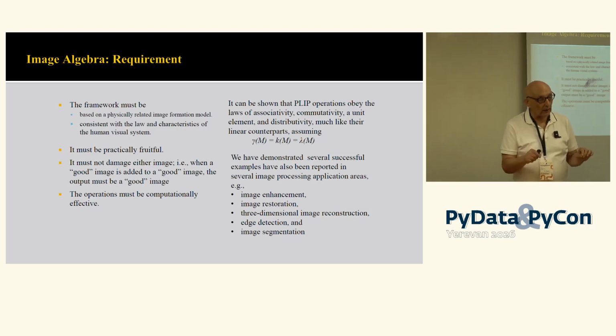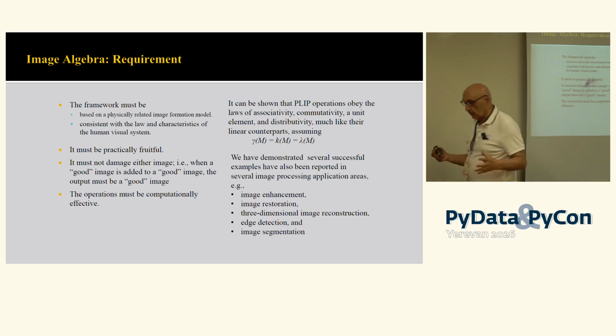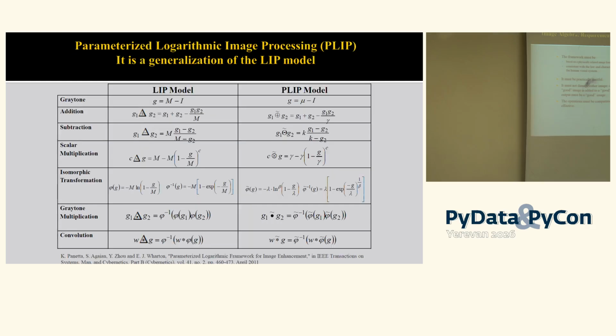That requirement will help us to add two images or subtract two images without losing so much information. If two images are good, then if we add them together, it will also be good. That's what we use for image enhancement and restoration and others.